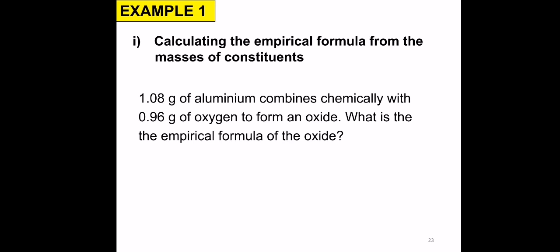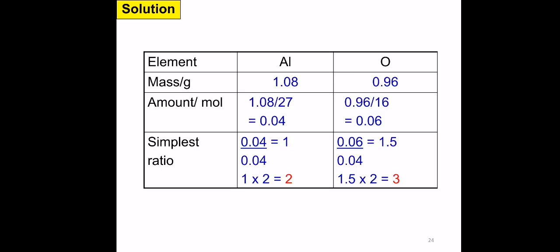Given 1.08 gram of aluminium combined chemically with 0.96 gram of oxygen to form an oxide. What is the empirical formula of the oxide?